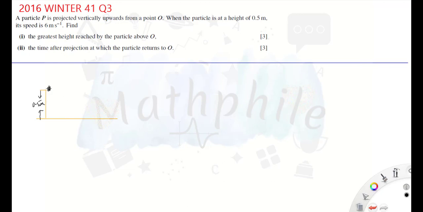There is a particle. It was projected with a speed of, I think you can handle it, right? You should be able to handle it. It was projected and gets to this point.